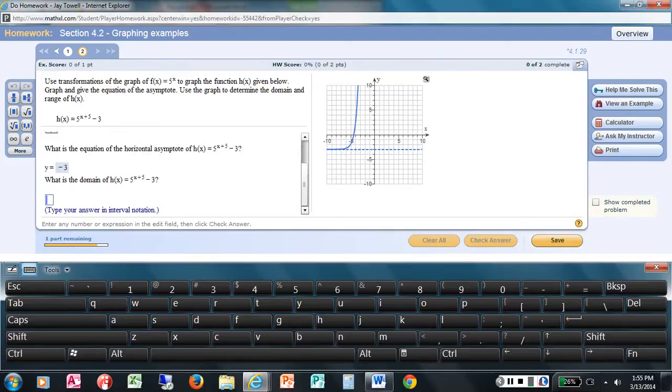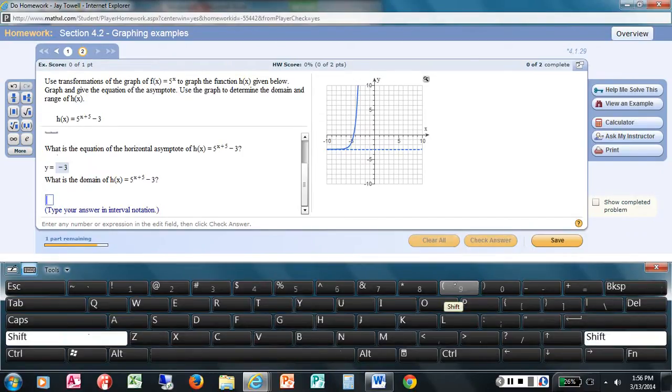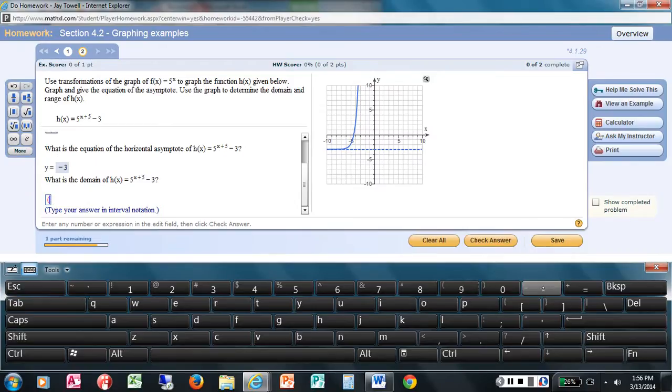X values can be anything. So it would be negative infinity, comma, positive infinity.